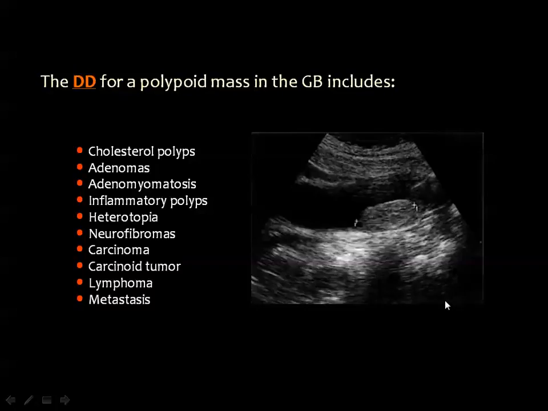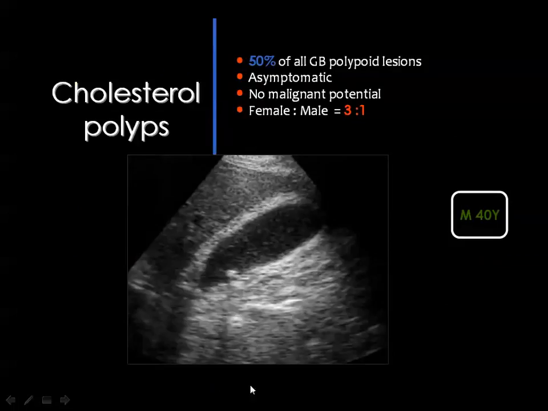The differential diagnosis of gallbladder polyps is long, and it includes mainly cholesterol polyps, which are common, but adenomas, adenomyomatosis, inflammatory polyps, carcinoma, carcinoid, lymphoma, and metastasis can be included in the differential diagnosis. As I have said, gallbladder polyps are common. The cholesterol polyps are common.